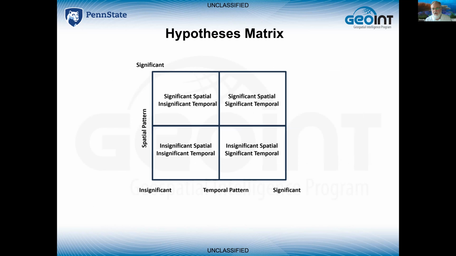So you can have a significant spatial pattern and an insignificant temporal pattern. You can have insignificant spatial pattern and significant temporal pattern. You can also have both significant or both insignificant. So conceptually, these are my 4 hypotheses. And on the next slide, I'll spell them out for you.